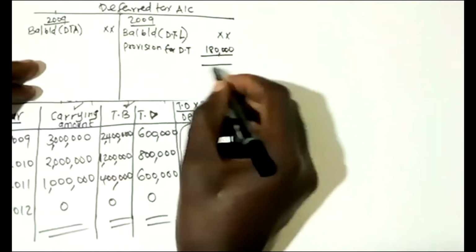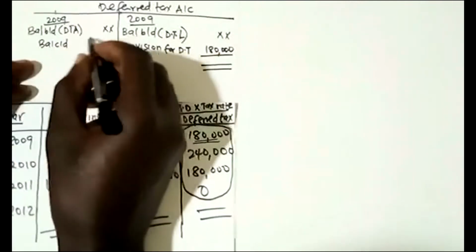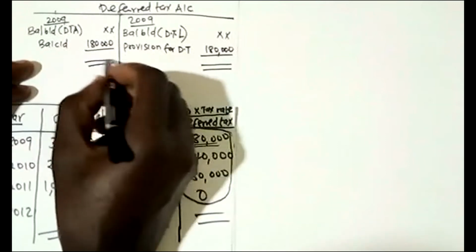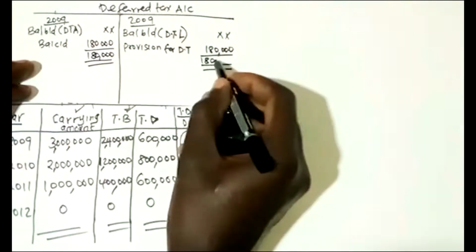So to make it balance, I will say balance carried down here, 180,000. So we have 180 there, and there we have 180,000.